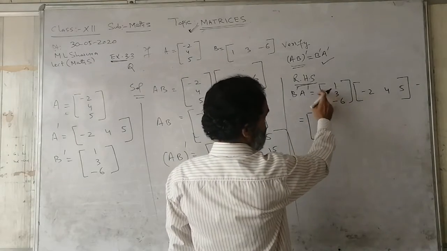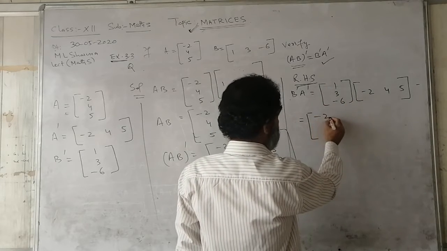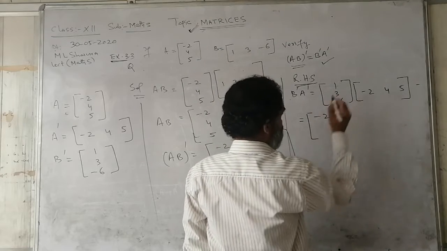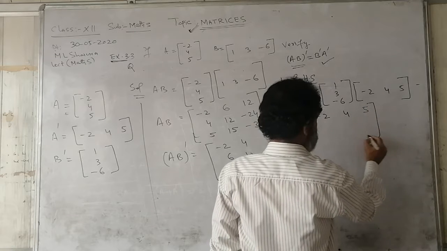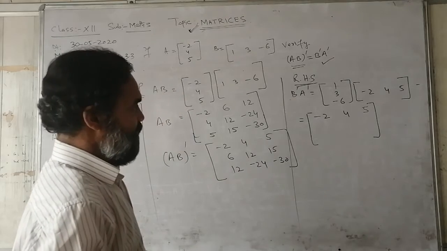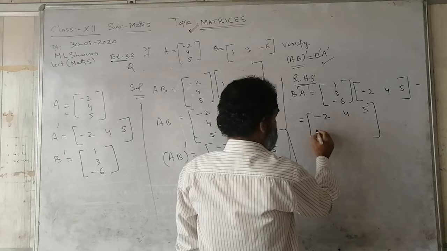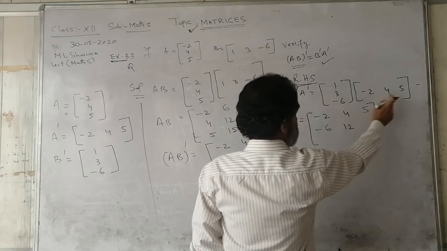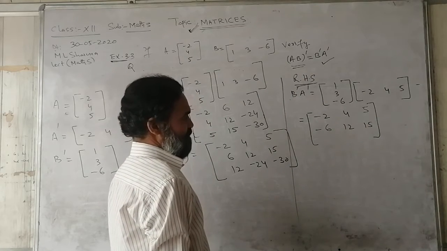So the first element of row 1, 1 multiplied by -2, will give -2. 1 multiplied by 4 will give 4. And 1 multiplied by 5 will give 5 as the last element of row 1. Then 3 into -2 is minus 6, 3 into 4 is 12, and 3 into 5 is 15, the last element of the second row.